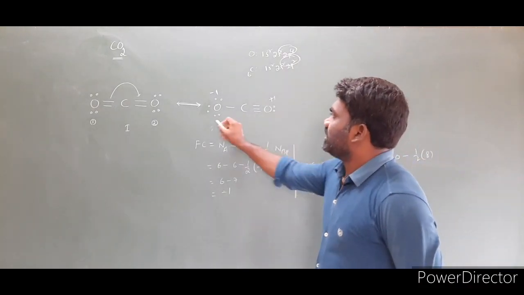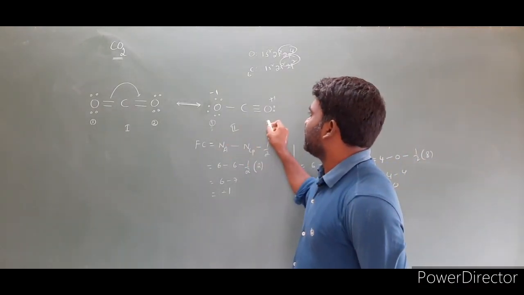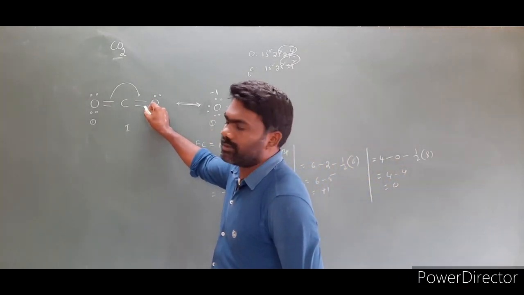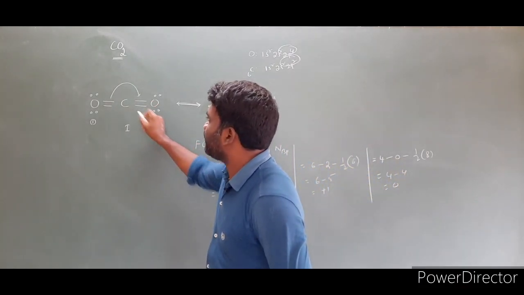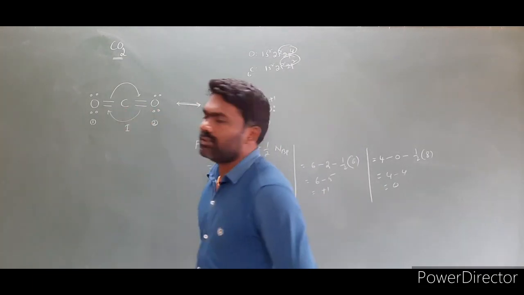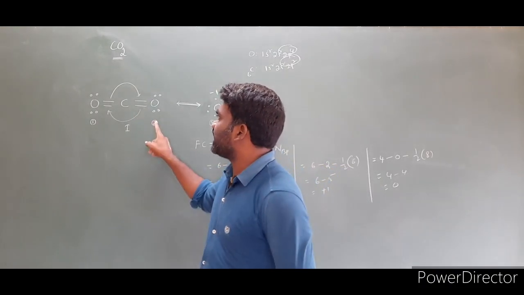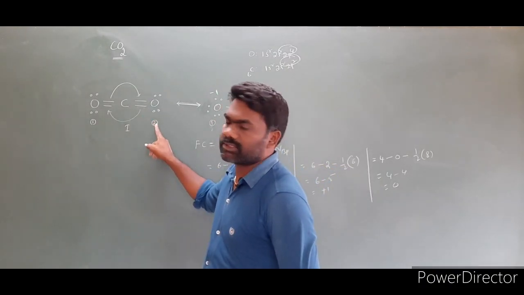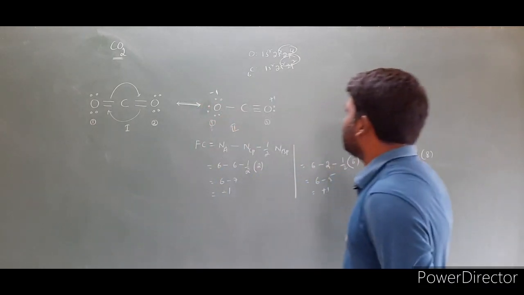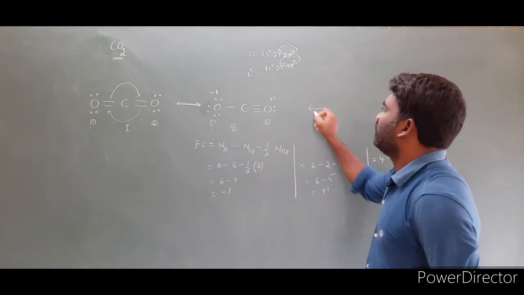Now this is the first carbon, this is the first oxygen, this is the second oxygen. Apart from this, suppose this pi bond present between the carbon and the second oxygen is moved to between the first oxygen and carbon. As a result, you will get one more structure. What is the structure?